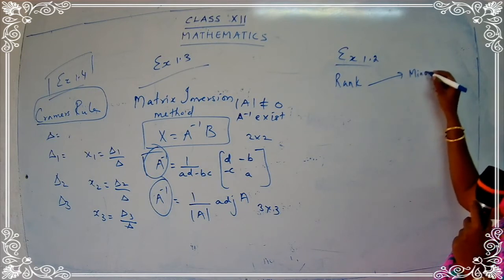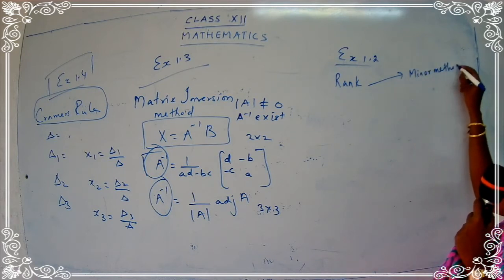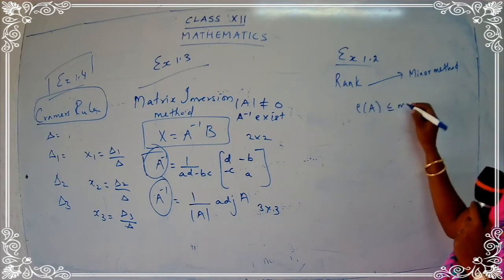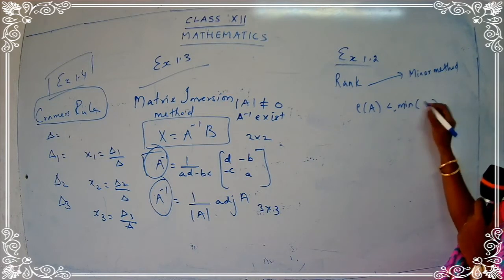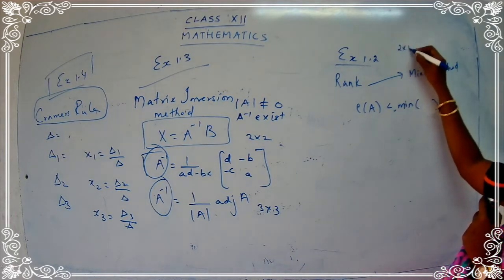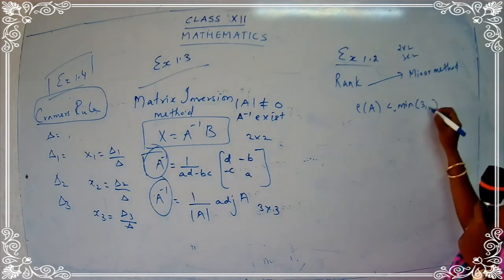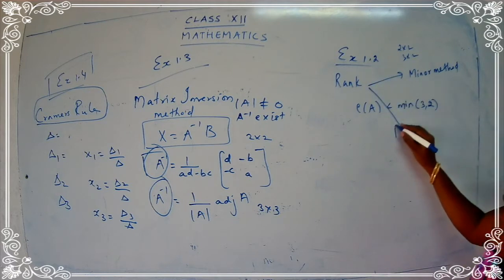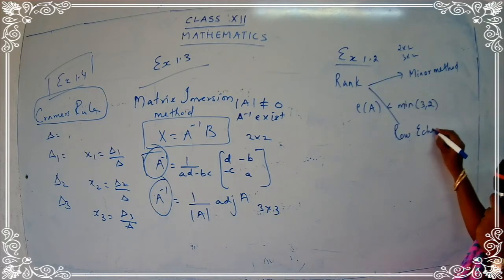One is the minor method. You know how to choose the minor method, yes? Rank of A is less than or equal to the minimum of its order, that is, 2 cross 2, 3 cross 2. So you have to find that and accordingly find the rank. So one is by minor method and one is by row echelon form.